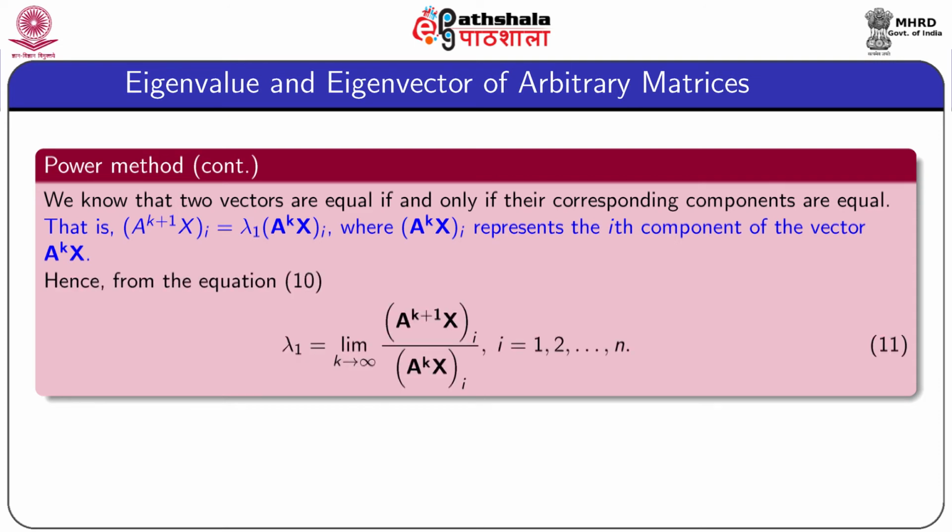Hence, from equation 10 we can write lambda 1 equal to limit k tends to infinity, that means k is large, A to the power k plus 1 into x suffix i divided by A to the power k into x suffix i, where suffix indicates the corresponding element or the ith element, and this is true for all i equal to 1 to n. So, equation 11 gives the largest eigenvalue of the matrix A, and that one is nothing but the lambda 1.